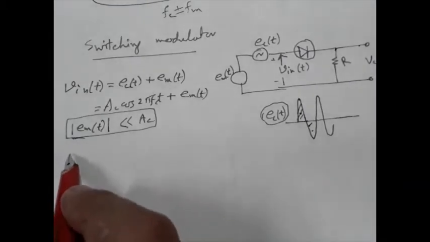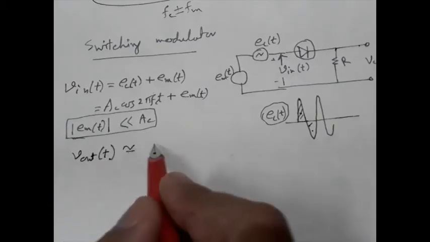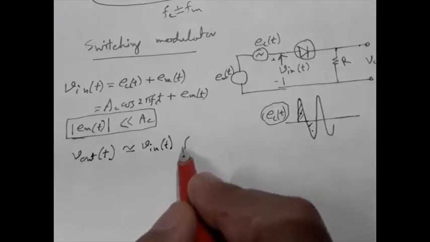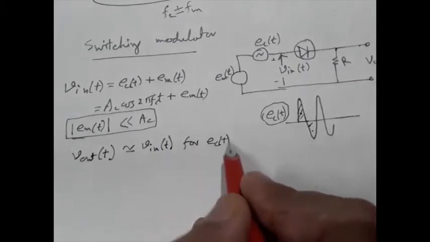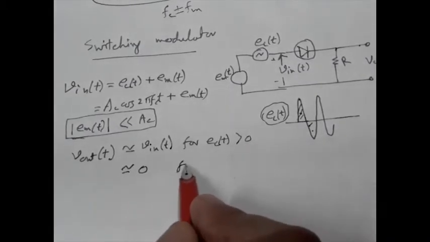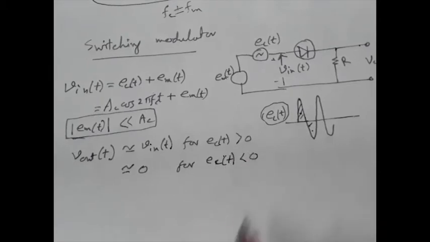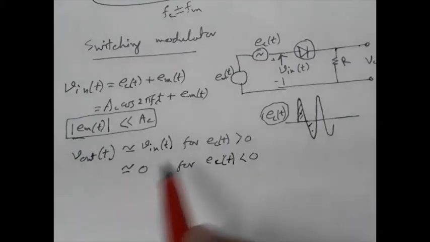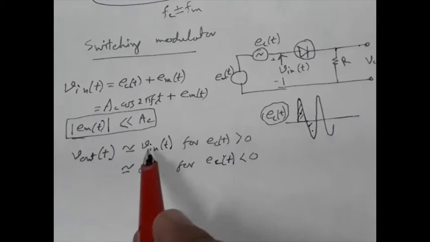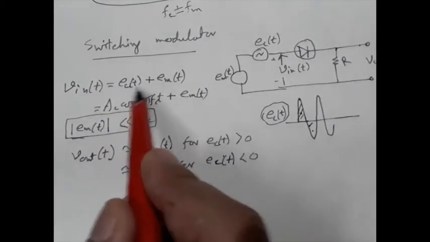So under this condition, the output voltage can be written as V in for cos 2 pi fc t greater than 0, and nearly equal to 0 for cos 2 pi fc t less than 0. So for the positive half cycle of the carrier, the output voltage equals the input voltage, and input voltage means the combination of these two voltages.